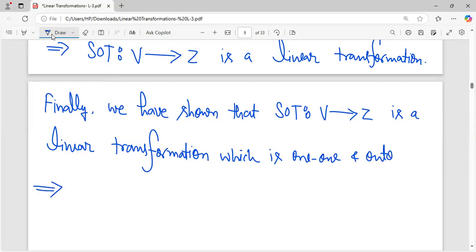So this implies S composed T from V into Z is an isomorphism.